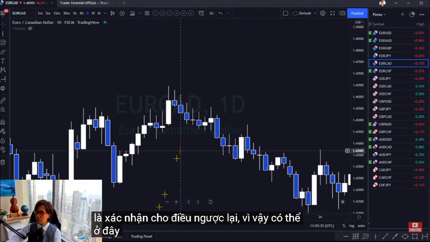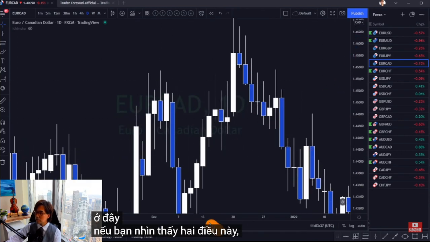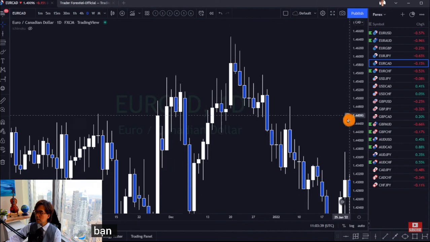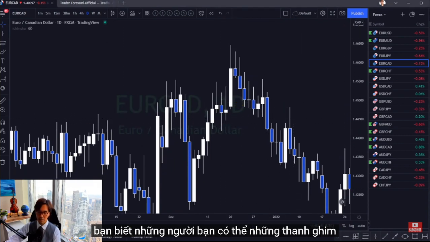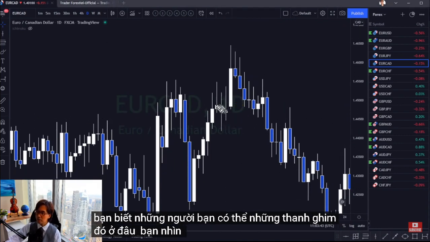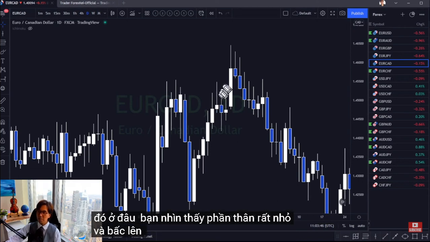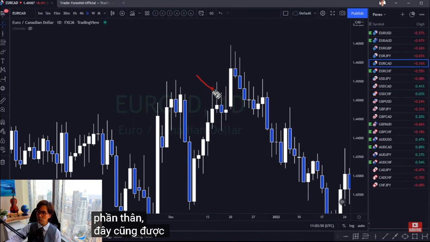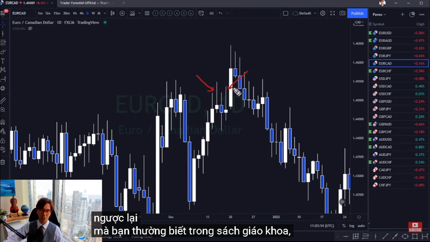Maybe here too, if you see these two little doji candles, pin bars, where you see a very tiny body and longer wicks up and downwards than the body, these are also considered to be a reverse, typically in the textbook.